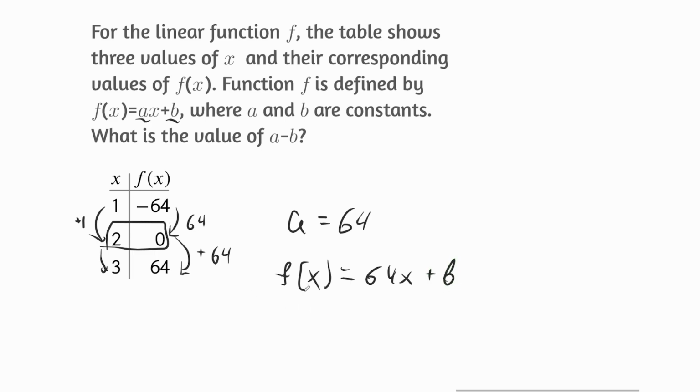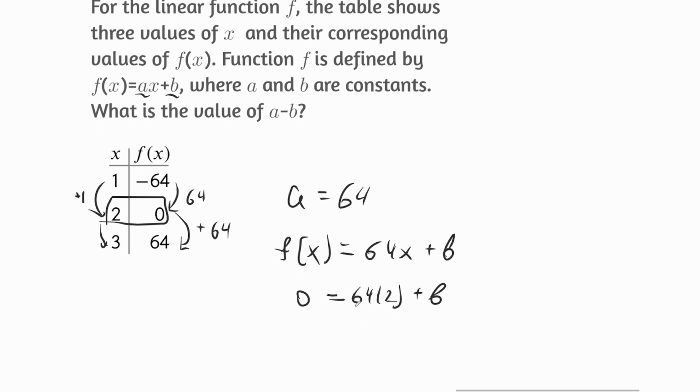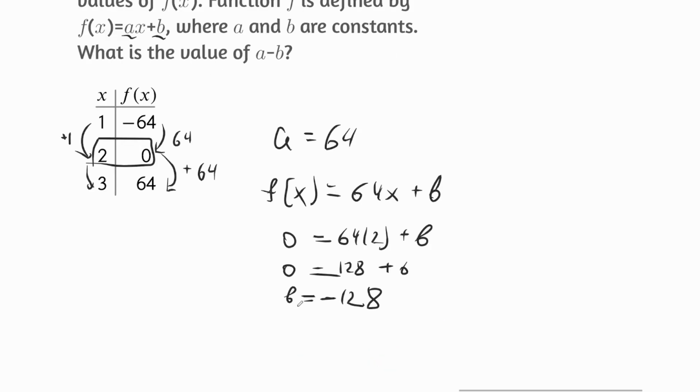And we know that for x equals 2, it equals 0. So 64 times 2 plus b. So that means that this one is 128 plus b equals 0. So that means that b equals negative 128.